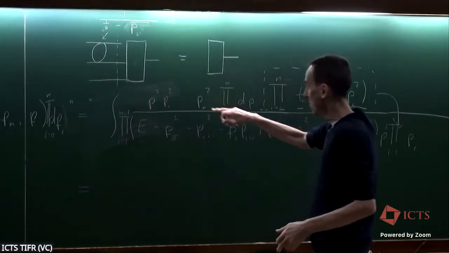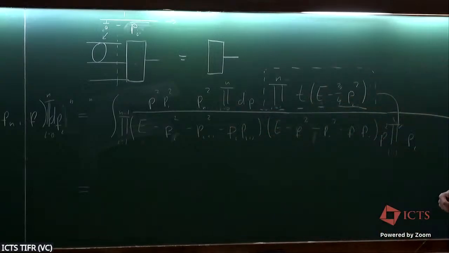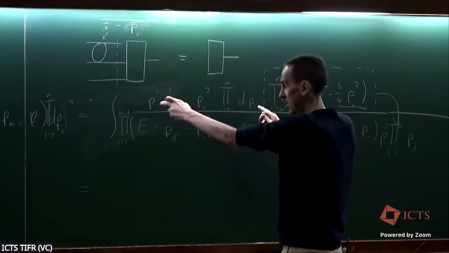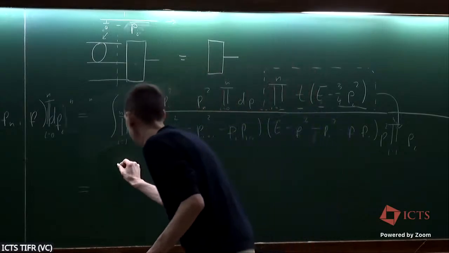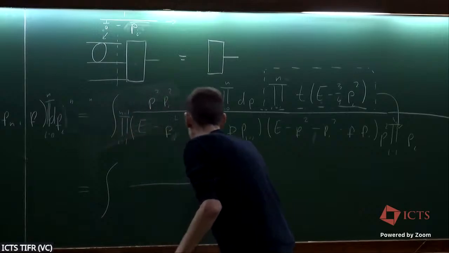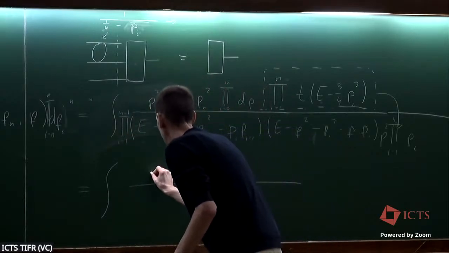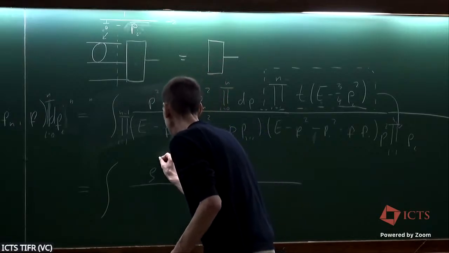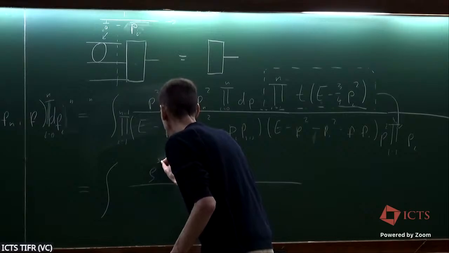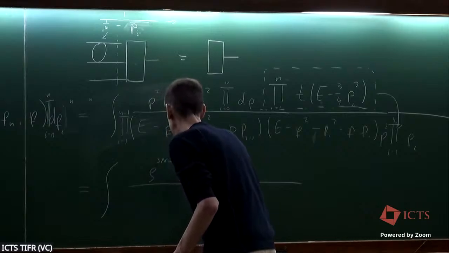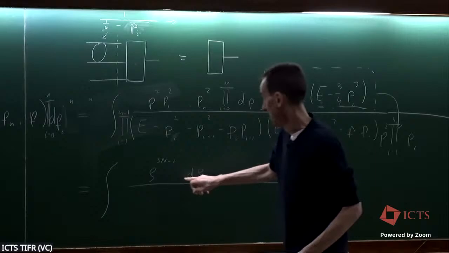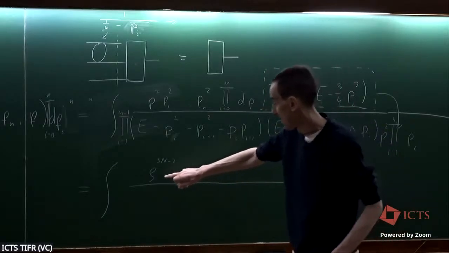If you re-express this integral in hyperspherical coordinates, you need to express the measure in hyperspherical coordinates, and that gives you a rho to the power of, I think it's 3n minus 2, d rho. This is the measure here.